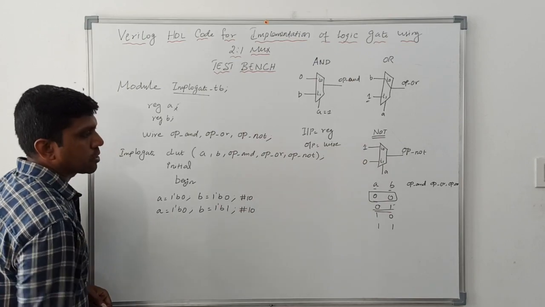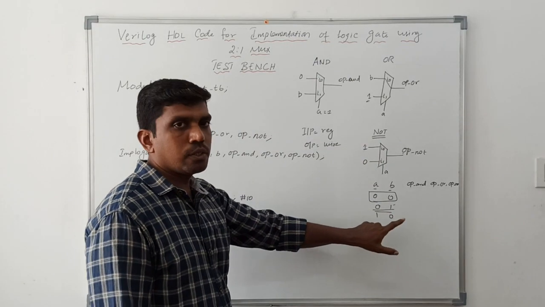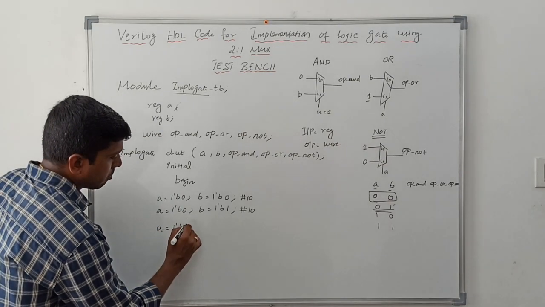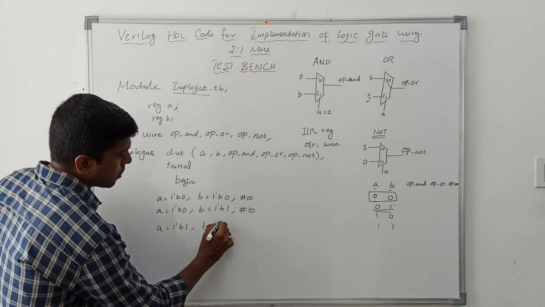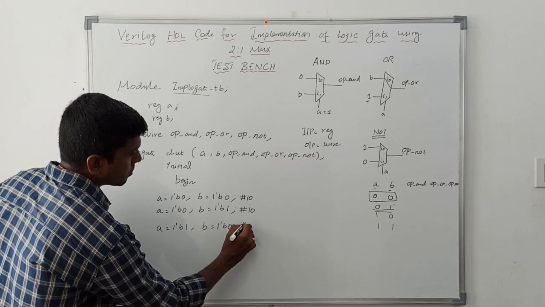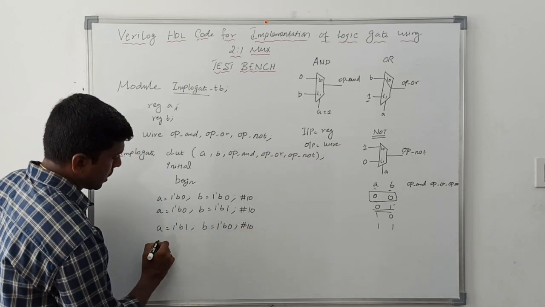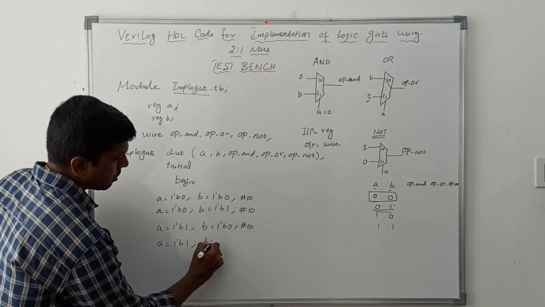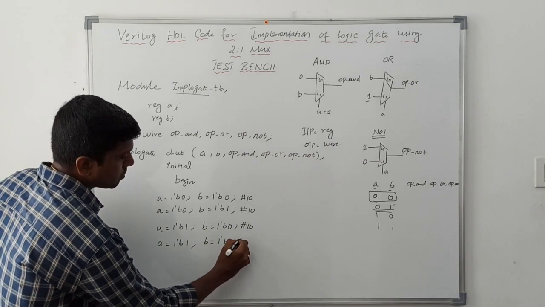Again after 10 nanoseconds change the A value and B value: A equal to 1'b1, B equal to 1'b0. After 10 nanoseconds A value 1'b1, B value 1'b1.